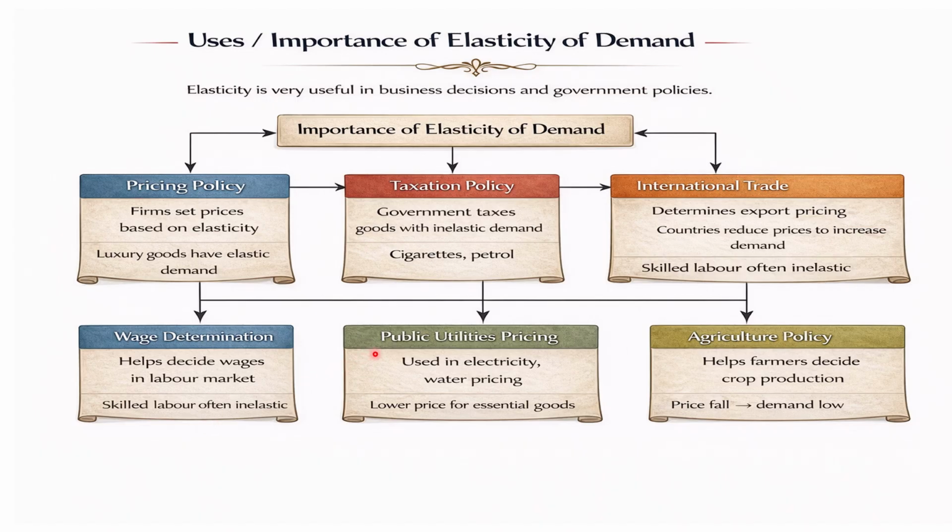The next importance is public utility pricing, which is used in electricity, water, and transportation services. Here, essential services usually have inelastic demand, so price remains relatively stable. The next one is agriculture policy. Here elasticity helps farmers decide crop production, in which if supply increases too much, prices may fall sharply due to low demand elasticity.